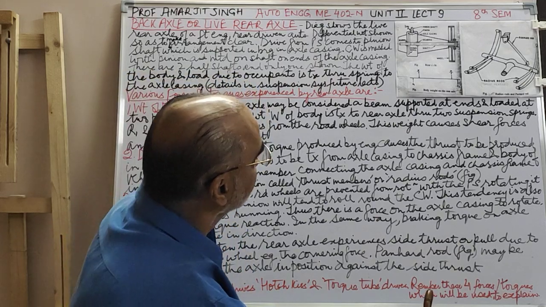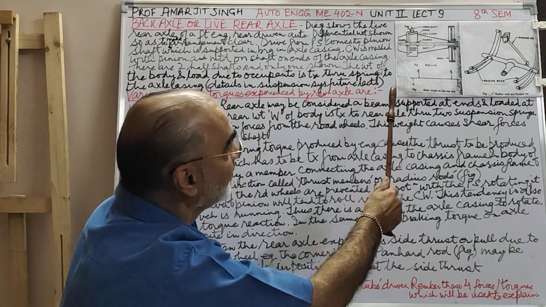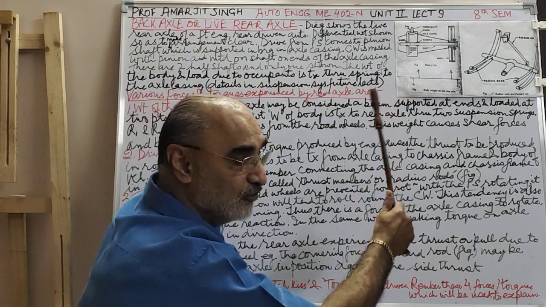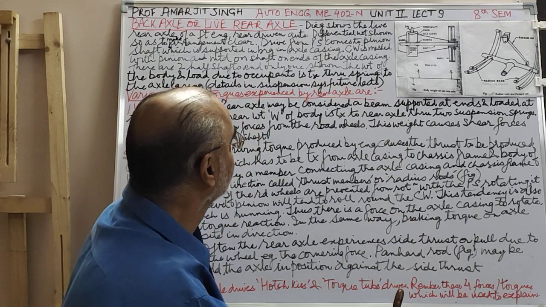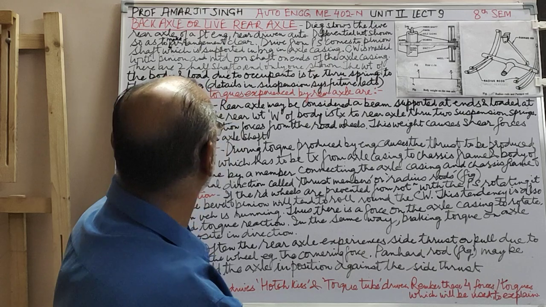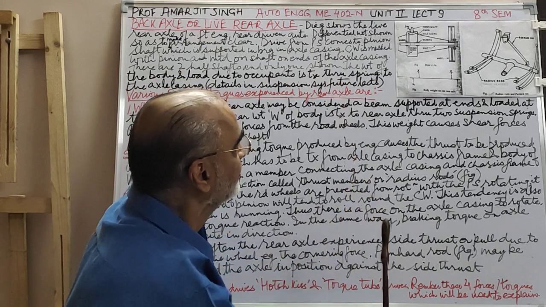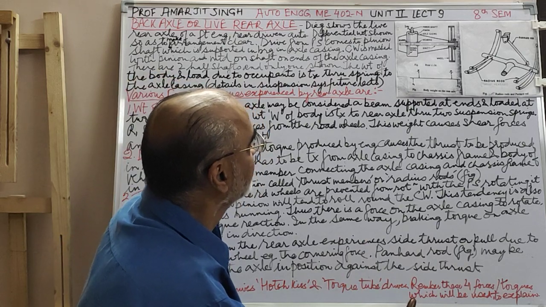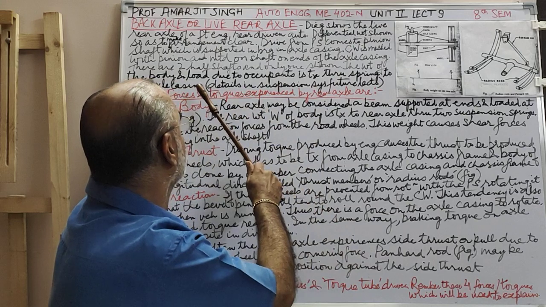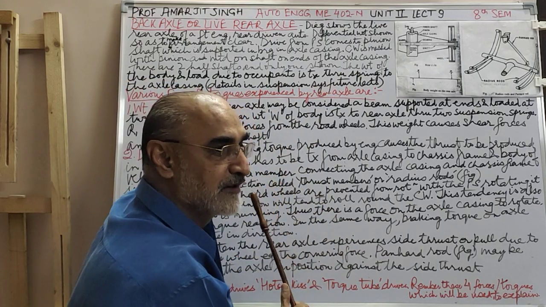The weight of the body of the vehicle and the load due to occupants is transmitted through the springs to the axle casing. Now, the springs are mounted to the axle casing.